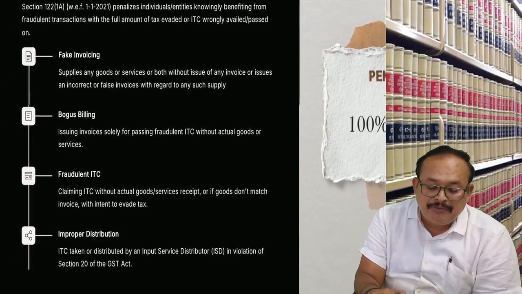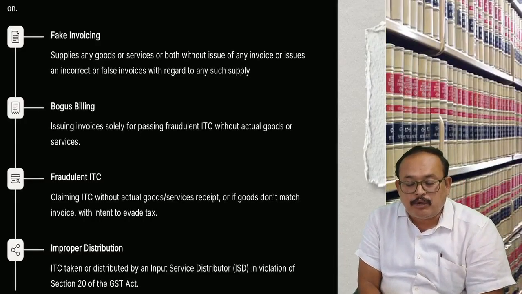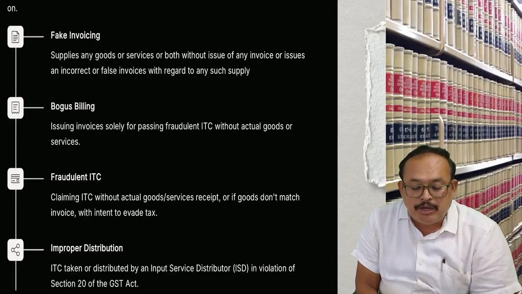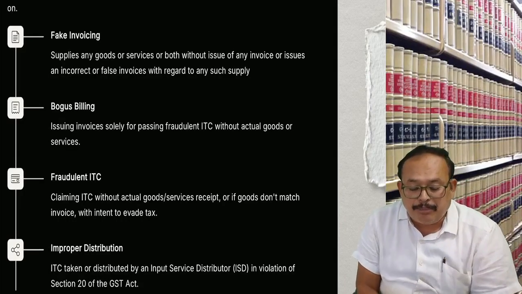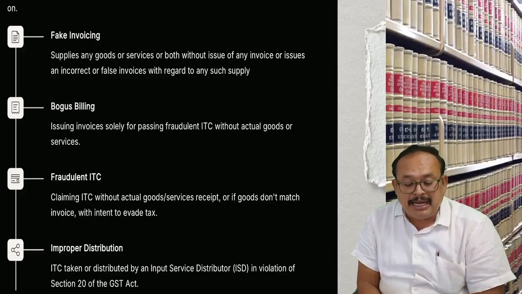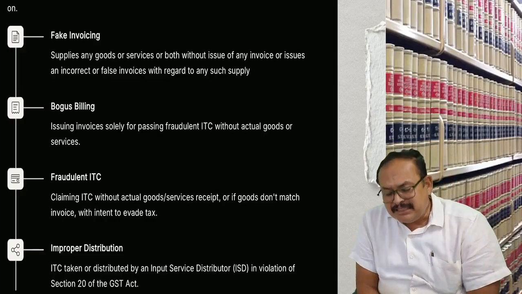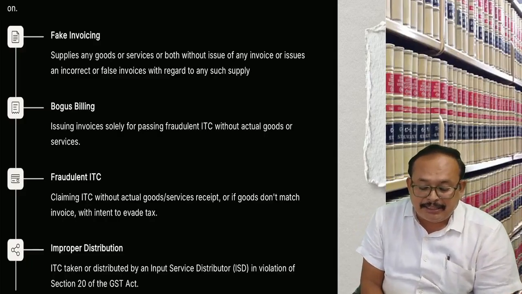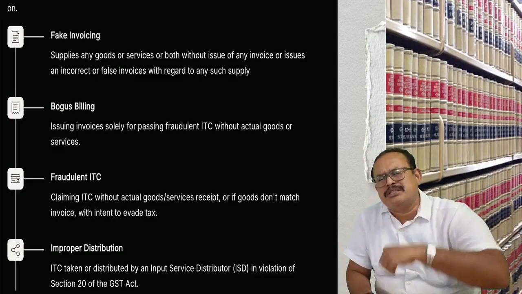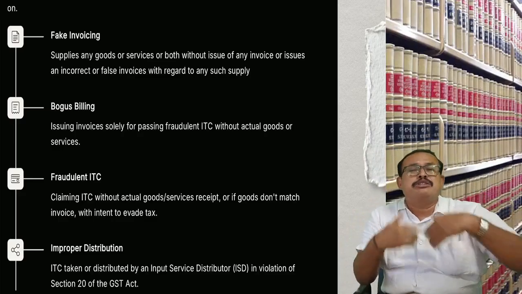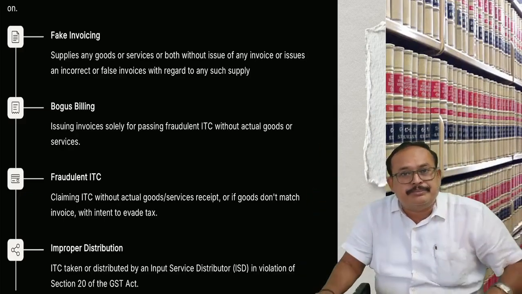Bogus information, fake invoice, supplying any goods or services without issue of any invoice, or an incorrect invoice, or fake invoice, or issuing the invoice solely for passing on fraudulent ITC, availing the ITC and such fraudulent transactions, ITC taken and distributed to distinct persons without having ITC. I have ITC only 100 lakhs, but I distributed 1000 lakhs.